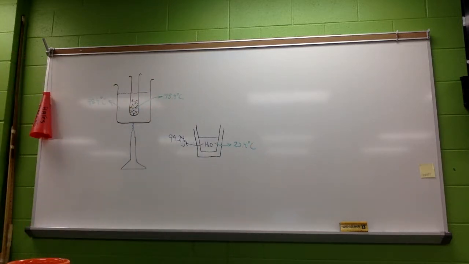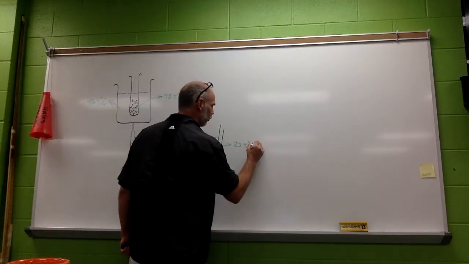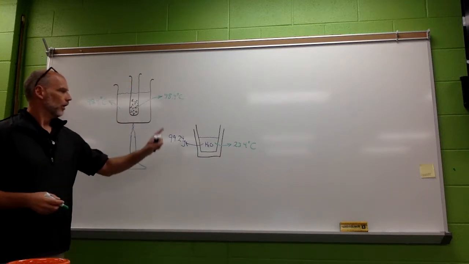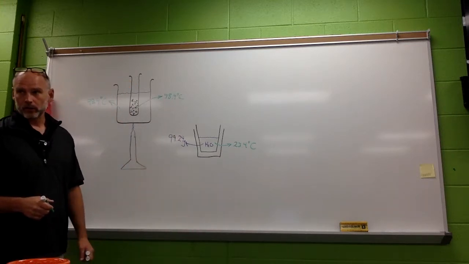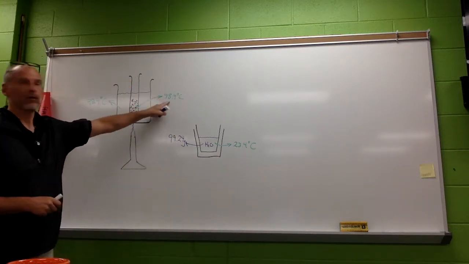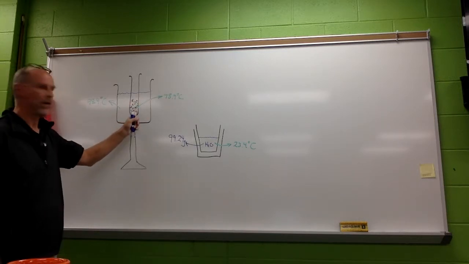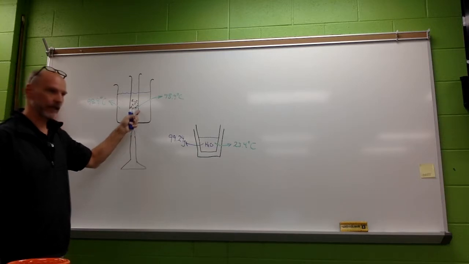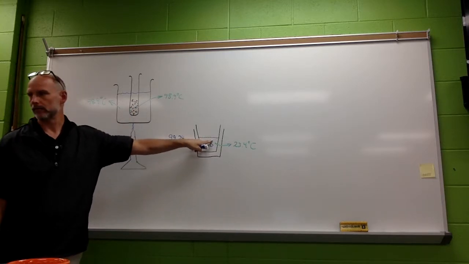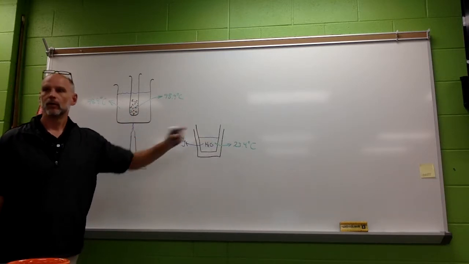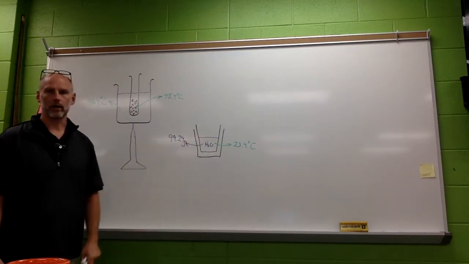Remember we said 68 degrees is 20? We're a little bit above that, so we'll say 23. That might be a little warm, but we'll let it go. Then, once this has reached the same temperature as the water after X amount of time, we're going to take that metal and quickly transfer it to this water. What's going to happen to the temperature of this water?